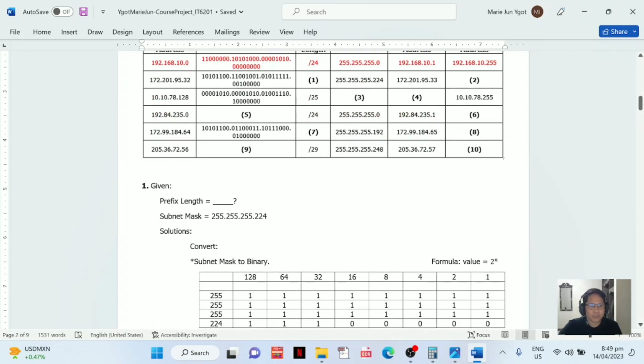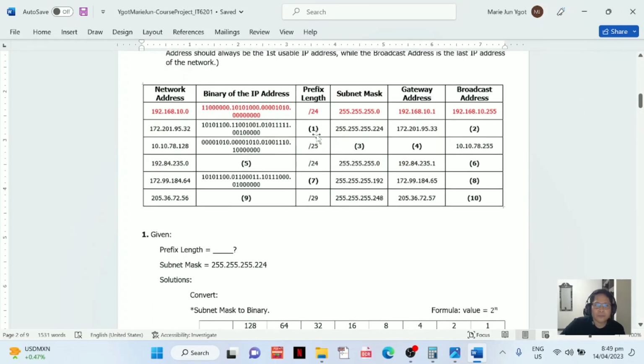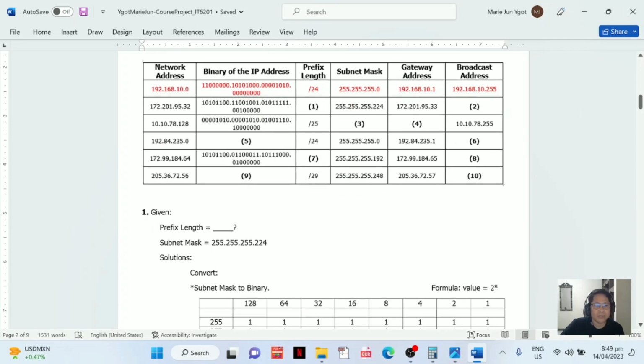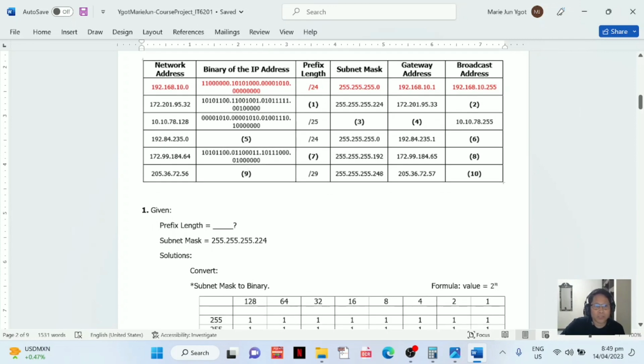So my explanation: in order to find the prefix length, we need to know the subnet mask. Since the subnet mask is already given here, 255.255.255.224, this is our subnet mask, and the prefix length is the one that we are going to solve.